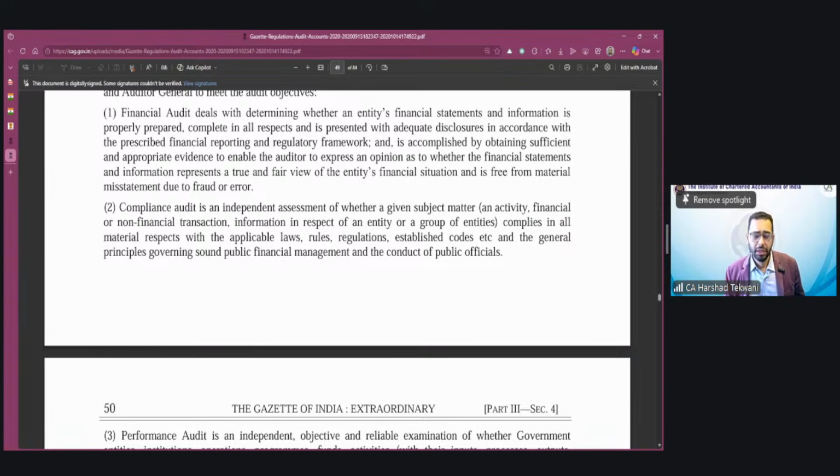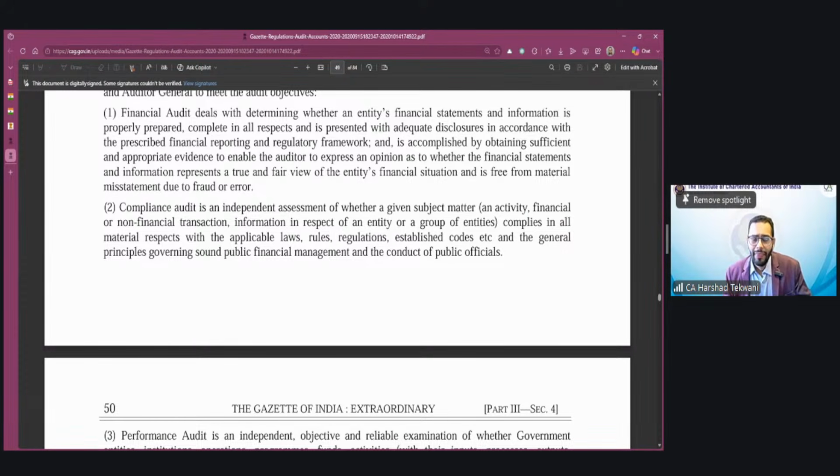Ethical conduct. Okay. Yes, let's discuss further the elements of the compliance audit. See, first of all we need to understand how this compliance audit is carried out. First we are talking about the subject matter. Then we are talking about a comparison of that subject matter with a particular law or regulation.